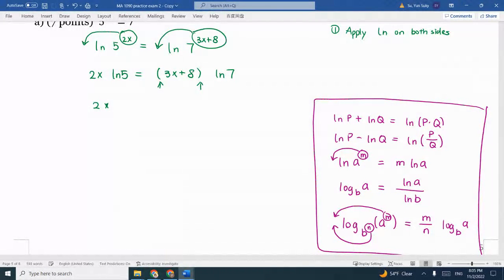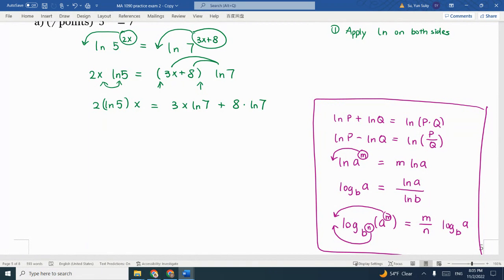So usually we group all the coefficients in front of x. So you can switch the x and ln. You group the 2 and ln of 5 together so the coefficients are in front of x. And then on the right hand side, we can distribute. So we get 3x times ln of 7 plus 8 times ln of 7.